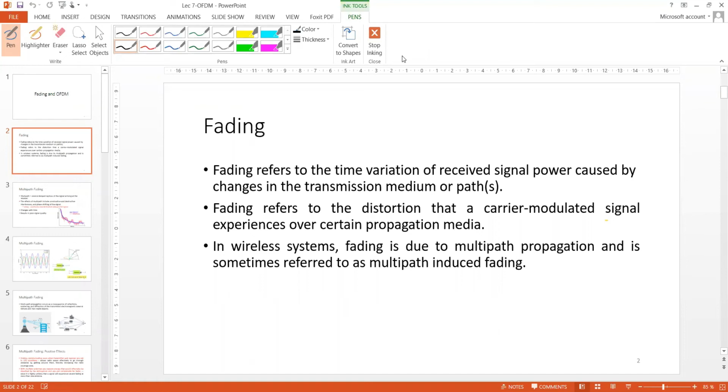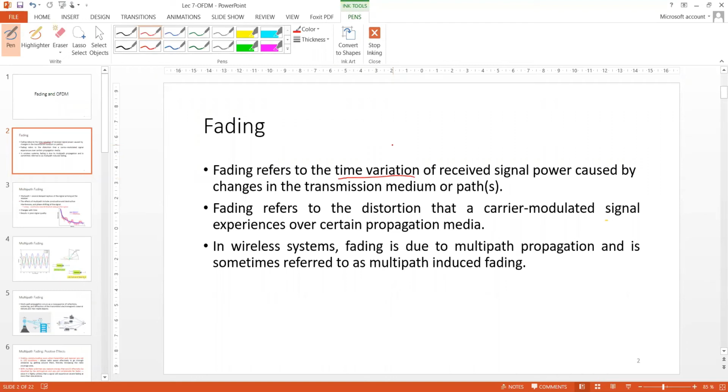So collectively, what actually is fading? Fading actually refers to the time variation of the received signal. That is the variation that occurs in the signal with respect to time.